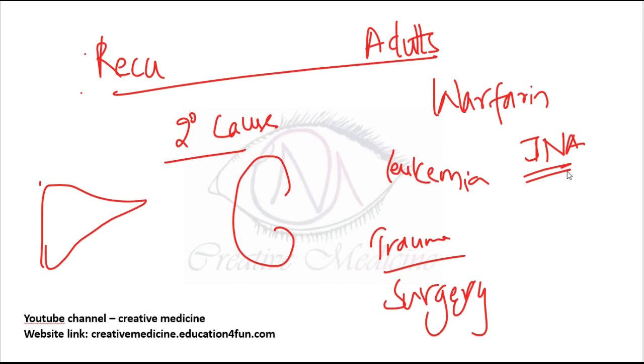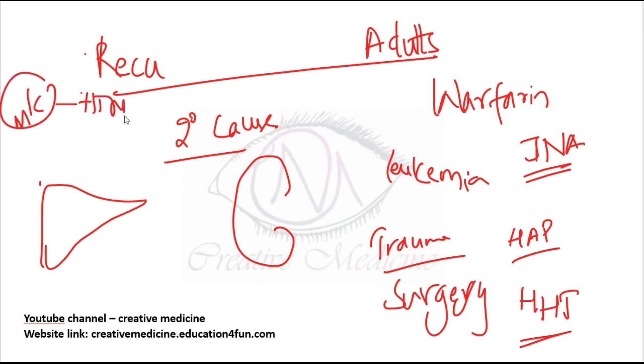Then it can be due to hemangiopericytoma also, and also hereditary hemorrhagic telangiectasia. So all these are the causes of recurrent epistaxis. If you were asked what is the most common cause of recurrent epistaxis in adults, hypertension is the most common cause of recurrent epistaxis in adults.